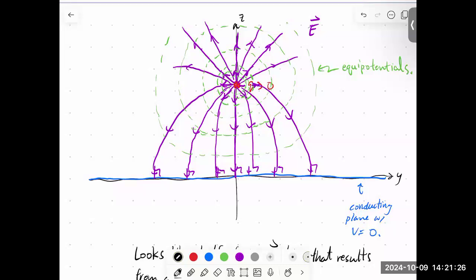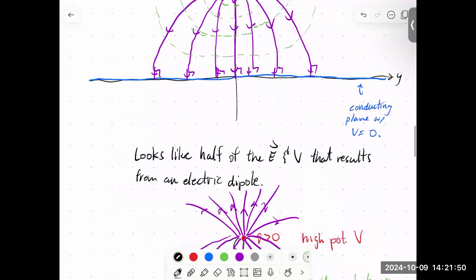Okay, there are other ways to use the method of images that don't involve conducting planes, and Griffiths talks about one of them. But then you have to be clever enough to come up with that new configuration that's going to match the boundary conditions and allow you to solve the problem. This is the standard one.